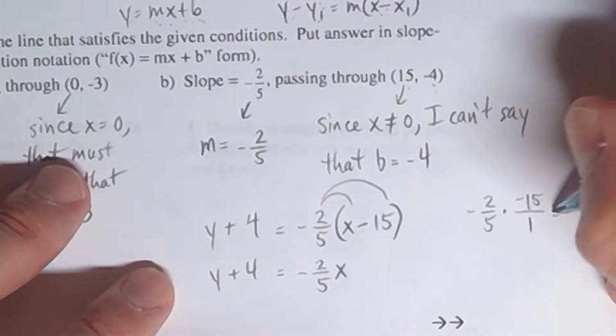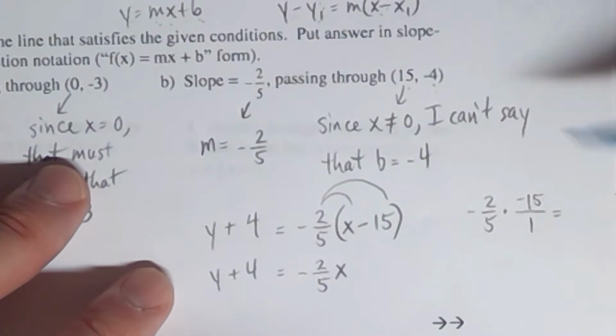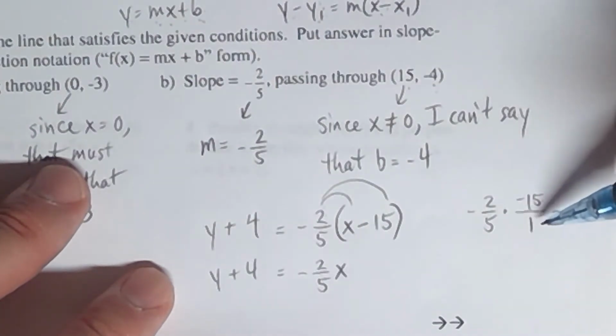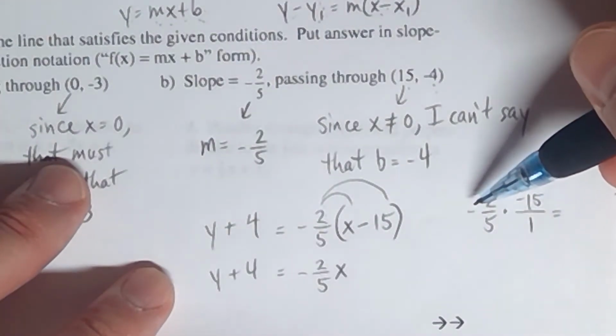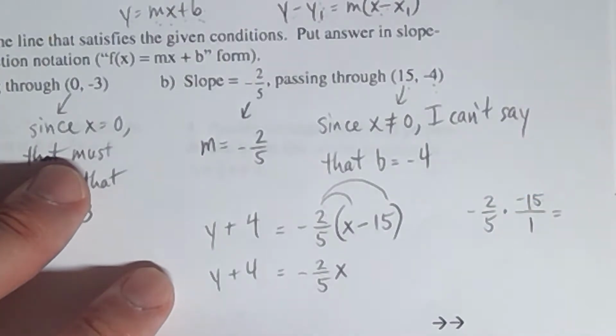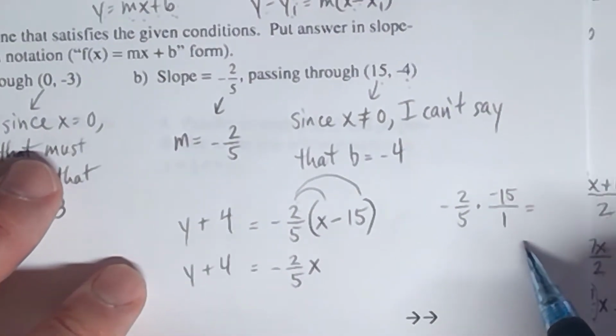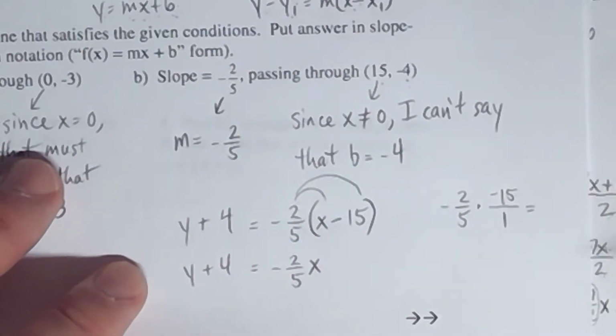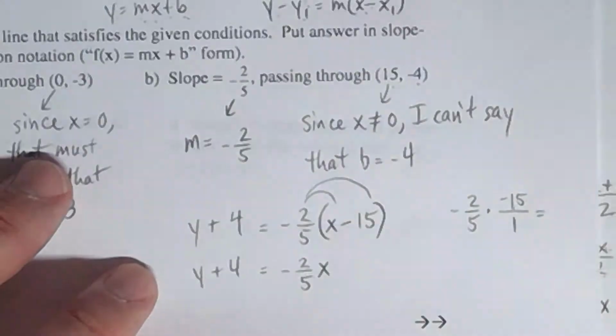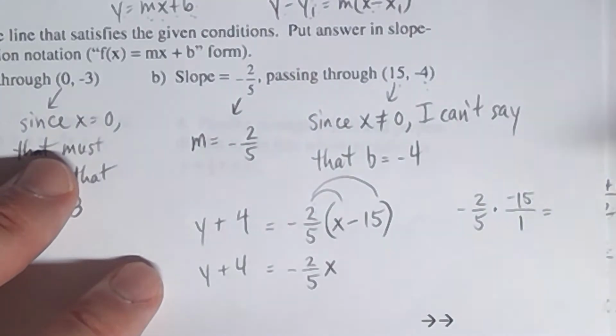And then, how do we multiply fractions together? We multiply the tops and the bottoms, but you have to be careful when you have a negative sign outside of at least one of the fractions. Remember, this is a negative fraction times another negative fraction. All right, so the answer is actually going to be positive. So we'll have to adjust that here at the end.